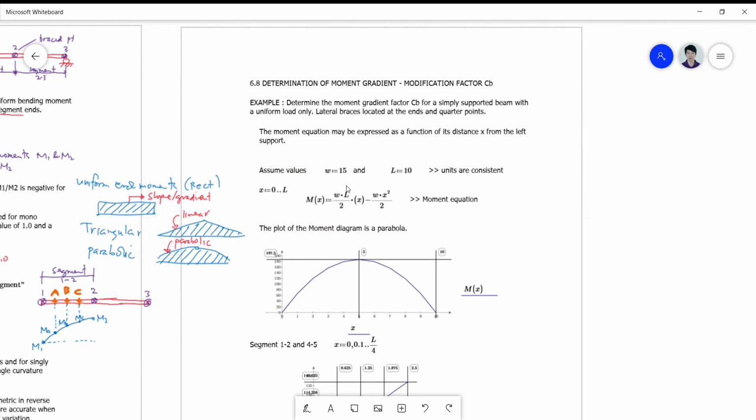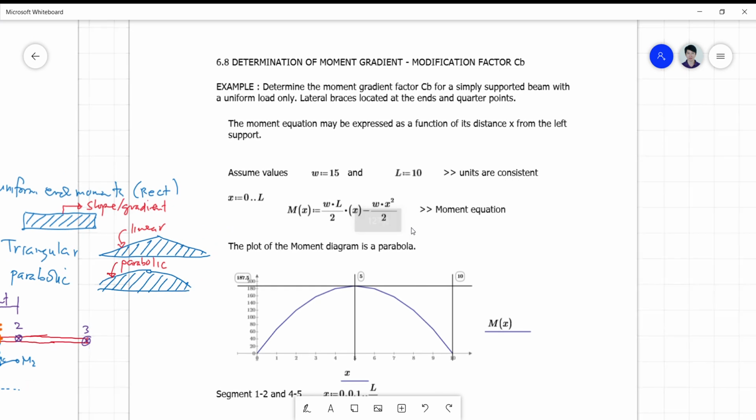So let's have one simple example on how to determine the moment gradient factor for a simply supported beam with a uniform load. Okay, so the load is uniform. Very easy to draw the moment diagram for a uniform load.